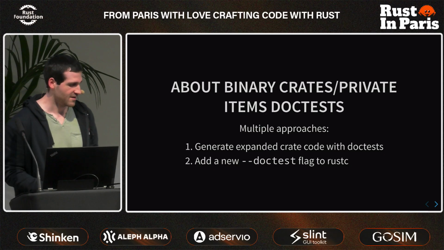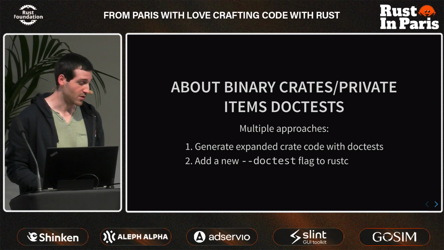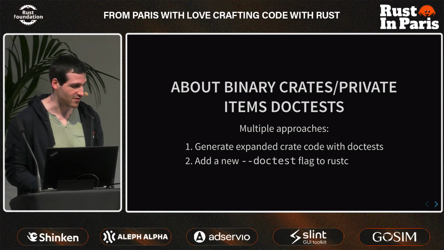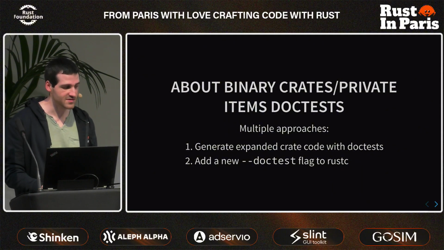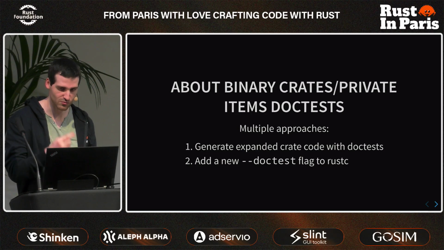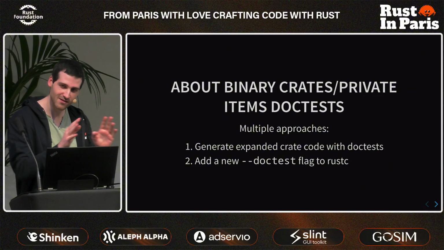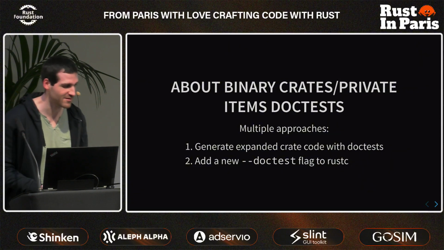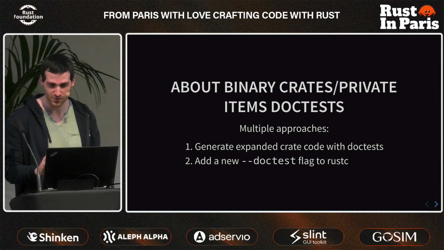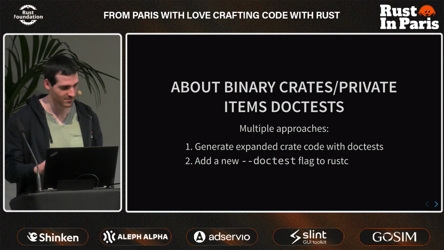You're welcome. We could add a new doctest flag to rustc in two ways. First would be for rustc to be aware that the doc comments are actually attributes that they are supposed to read, process, and do stuff with. So basically move rustdoc code inside rustc, because why not? You know, moving maintenance to someone else is always nice for the one losing maintenance.